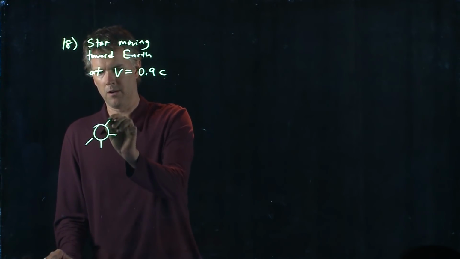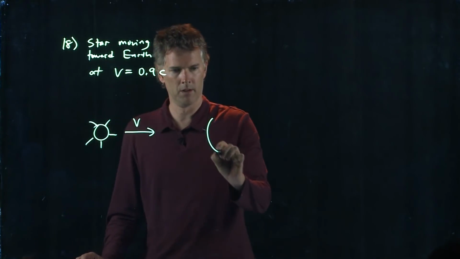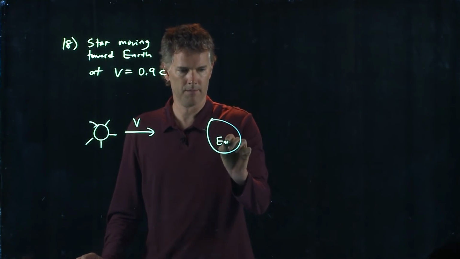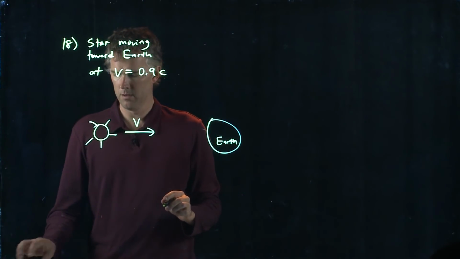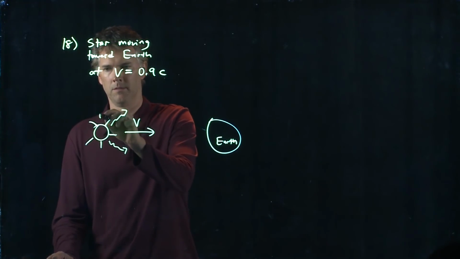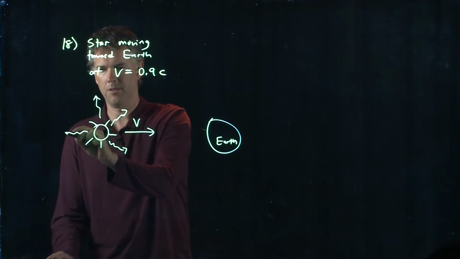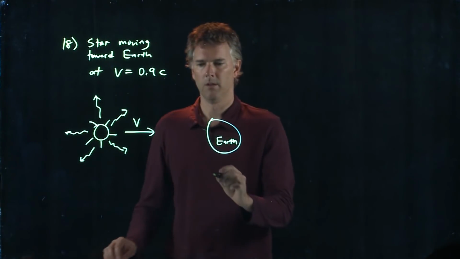So here's the star spitting out light in all directions, also moving toward us here on Earth. The star is moving at v. It's emitting light in all directions. If you're on Earth and you measure the speed of that light coming towards you, what do you measure?